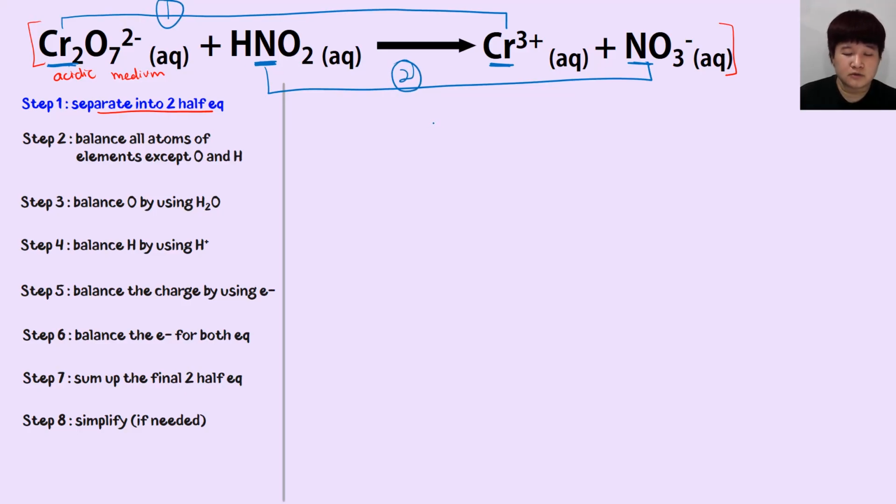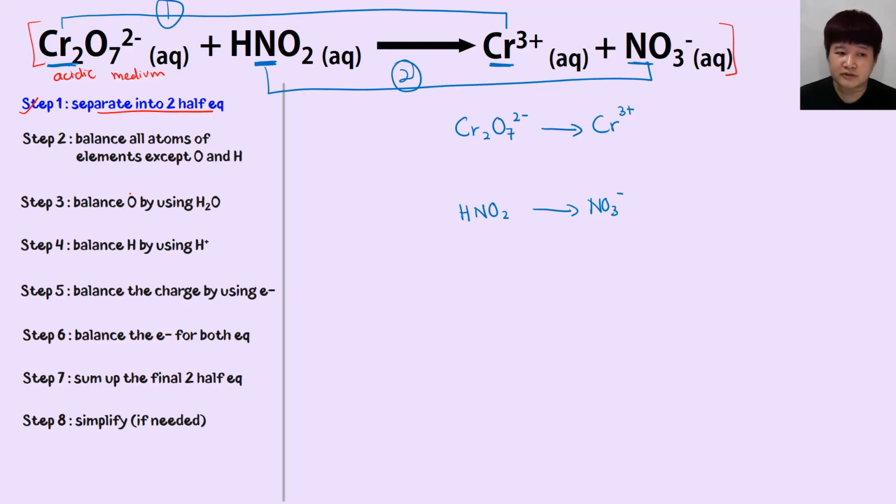Write them out, just copy them from the redox equation. I will have Cr2O7 2-, and the partner is Cr3+. The second half equation is HNO2 becoming NO3-. That is our step 1.